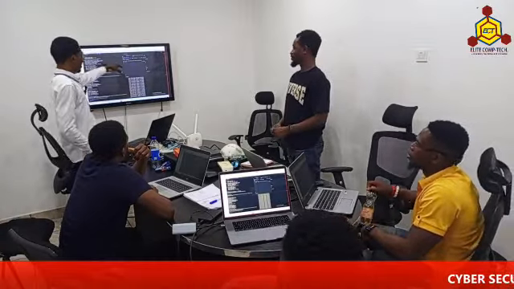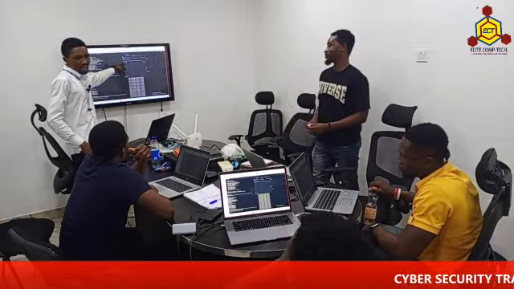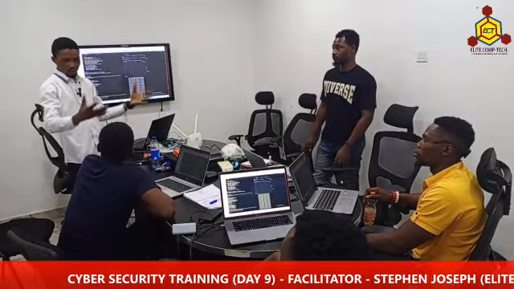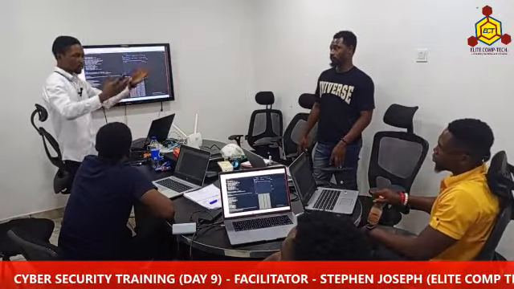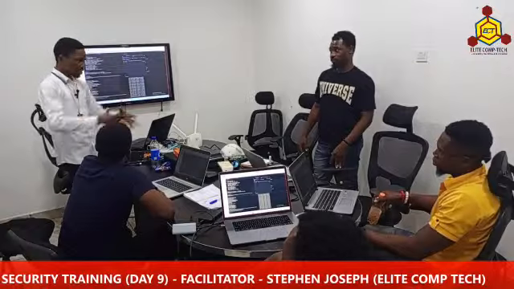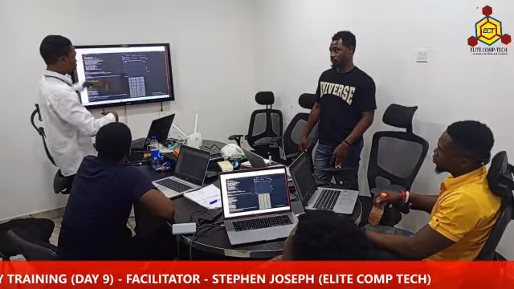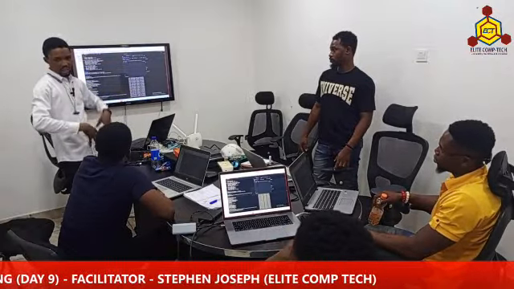So now we have a target. Who is our target? We are targeting the server and the Metasploitable, right? What do we look out for in the network? We look out for services or protocols running in the network. This is like a local area network, so we have devices in that network.